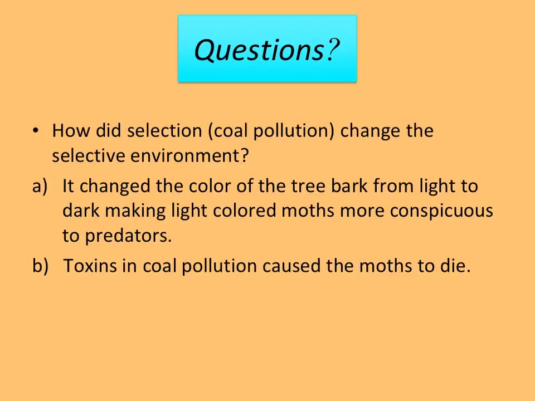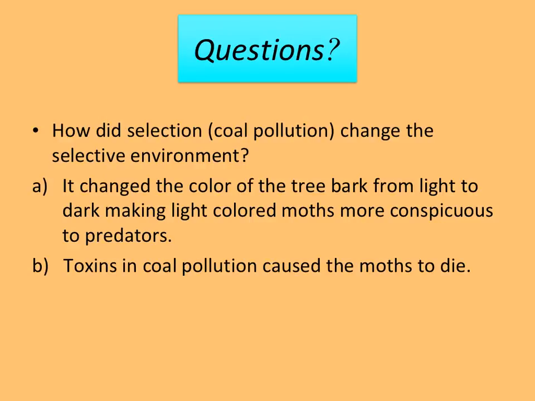How did selection change the selective environment? In this case, it changed it because birds fed on the moths. If the birds could not see the moths, they couldn't feed on them. They couldn't find them very effectively. If they could see them, those are the ones they ate.